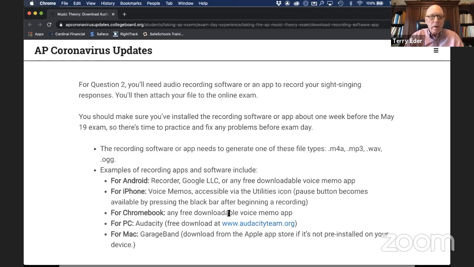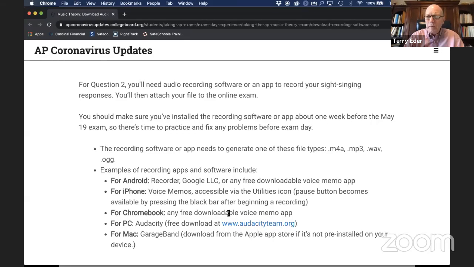Okay, so the recording software needs to generate one of these file types. For instance, if I use Voice Memos on my iPhone, it does that automatically. So an M4A, an MP3, a WAV file, as we call it, or OGG. Those are the four that you can use.